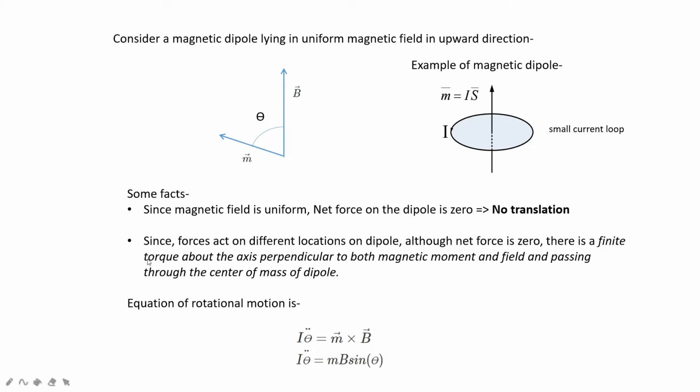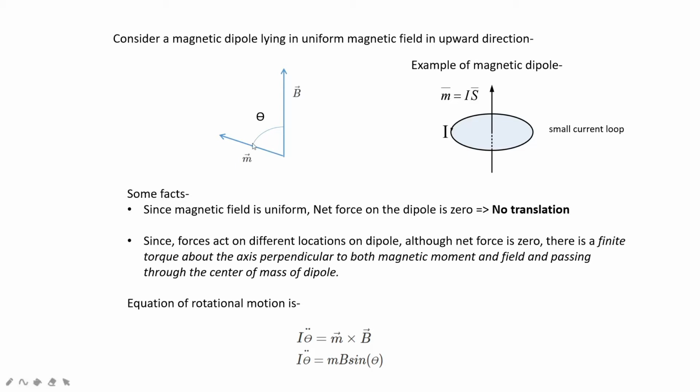That is, in this case, if we leave the magnetic moment at some angle theta initially with respect to the magnetic field vector, it is going to rotate about an axis passing through the screen, pointing away from the screen towards you.